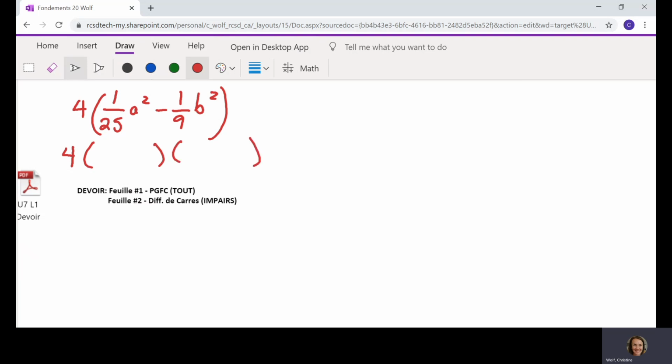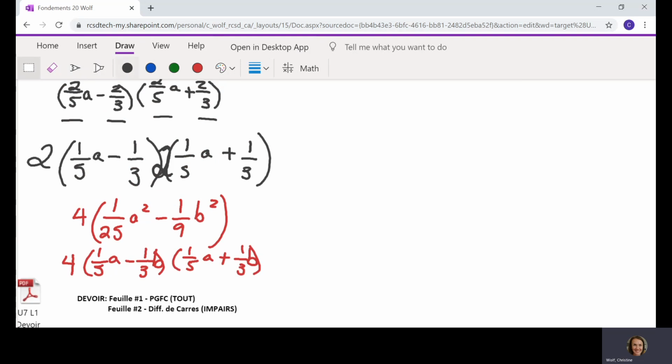La racine carrée de 1 est encore 1. Et racine carrée de 25, c'est 5. 1 sur 5 A. Then la deuxième, la racine carrée de 1, encore 1 sur 3 avec un B. You minus a set, you plus a set. Okay, I forgot to put the B in here too. I really royally screwed this one up. Sorry.